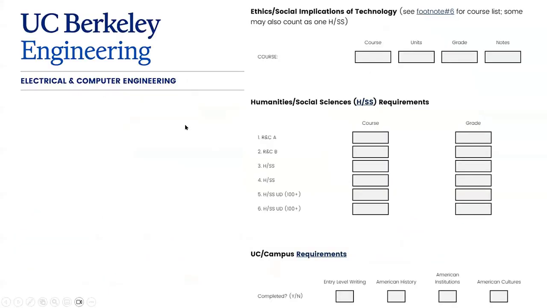So first, let's talk about this major. This is the electrical and computer engineering major. We usually say it is the double E major. This double E major is a new major set up by UC Berkeley, and I would say it is a stripped down version of the EECS major from UC Berkeley.